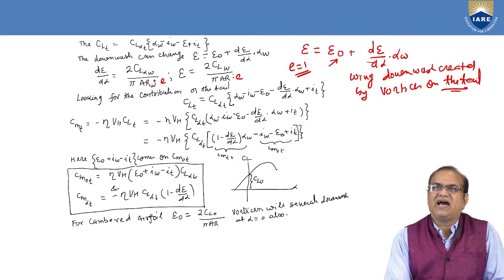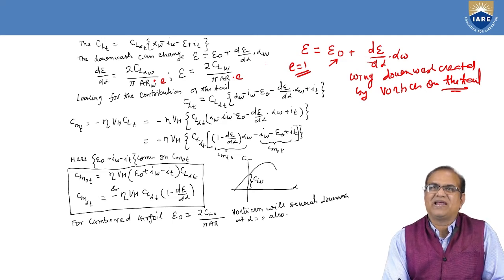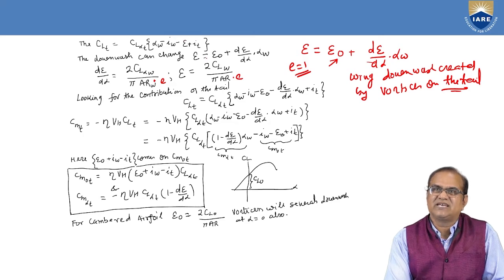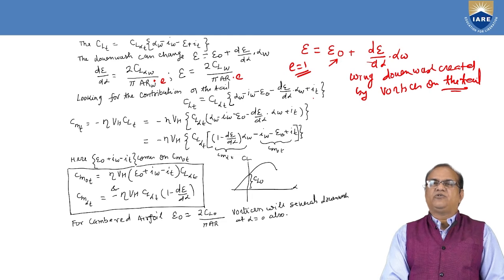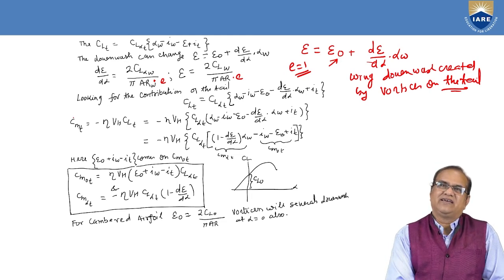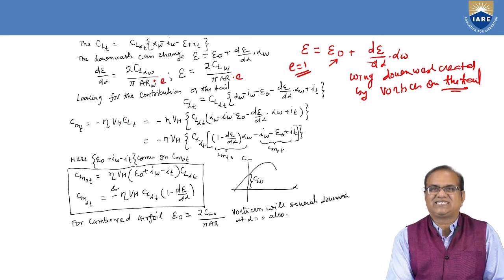For epsilon, I am writing epsilon naught minus d epsilon by d alpha into alpha W, plus IT. So both will be minus here. Now I know that the coefficient of moment of the tail is minus neta VH CLT.